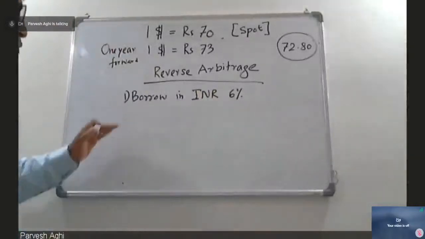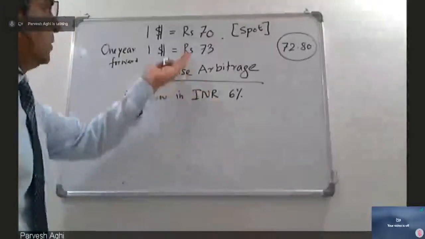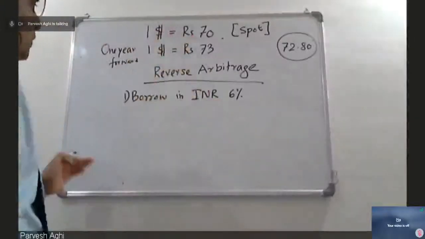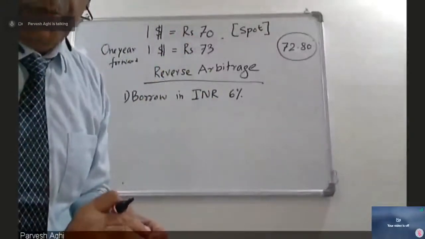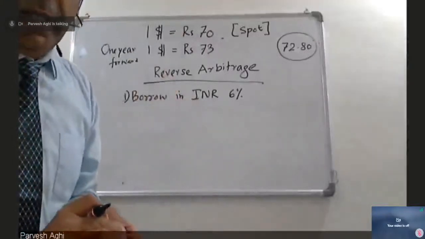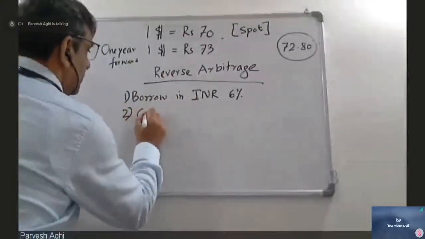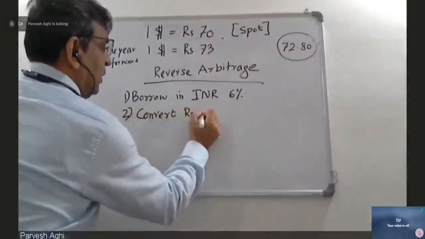Suppose you borrow, say, 70 rupees. Then you convert that into US dollars. So you borrow INR at 6%, converting rupees into USD at 70, and enter into a forward contract. So what you do is, again, you convert rupees into dollars.